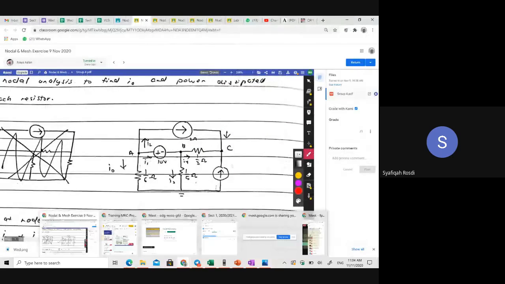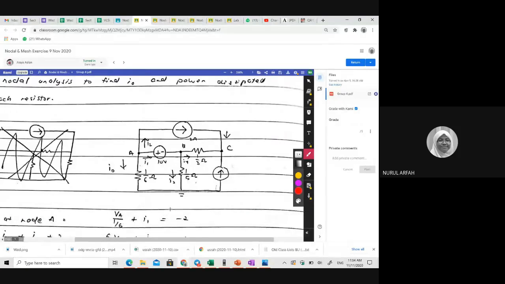Current flow. Current flow, okay. Another one? Boundaries. Unknown variable. Reference point. And then the node, right? This node. Okay. And then the boundary.